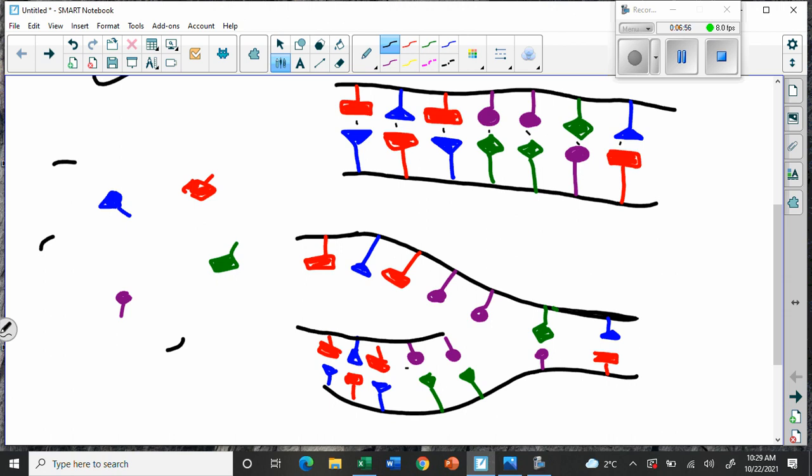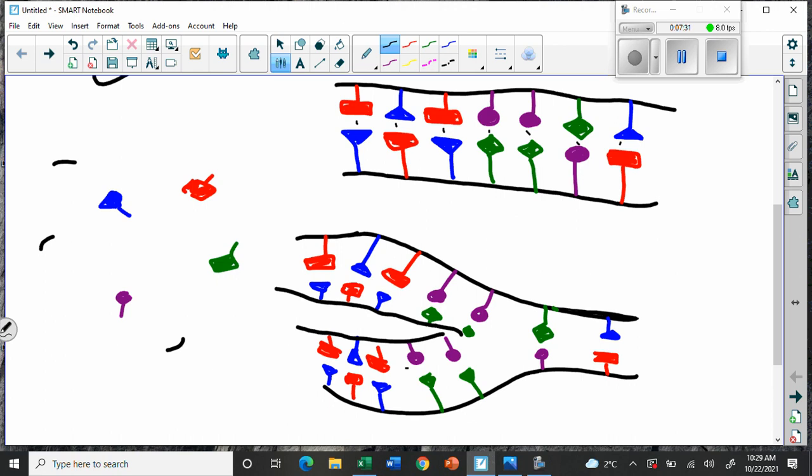And then on the top, the same thing would begin to happen. Okay? So on the top, you'd get a green attaching here, and a green attaching here, and then a blue here, and a blue here, and a red over here, and little bits. Oh, I guess I need little sticks on them. Little sticks. And these, of course, would be attaching to a new strand like this.